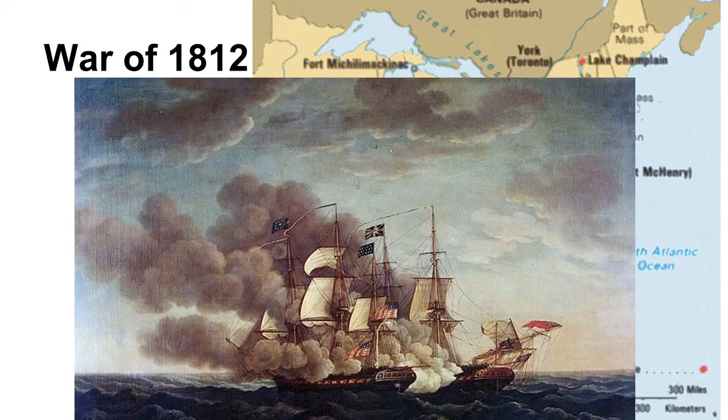However, while the American Navy does perform well, it really doesn't have a huge effect on the war. Interestingly enough, the British use their Navy to free a lot of slaves, which gets a number of Americans quite upset.